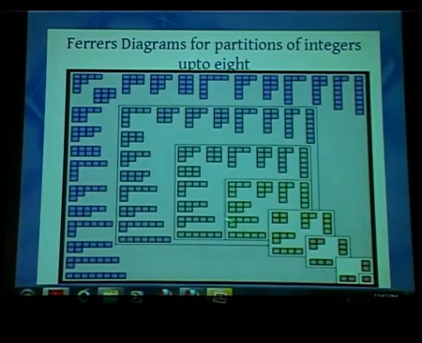Just for 8 itself you have this many partitions. So partitions grow rapidly when n increases. Now for proving the bijection of these partition identities, instead of describing the bijection in terms of partitions, we just describe some operations on the Ferrers board so that it directly gives a bijection.